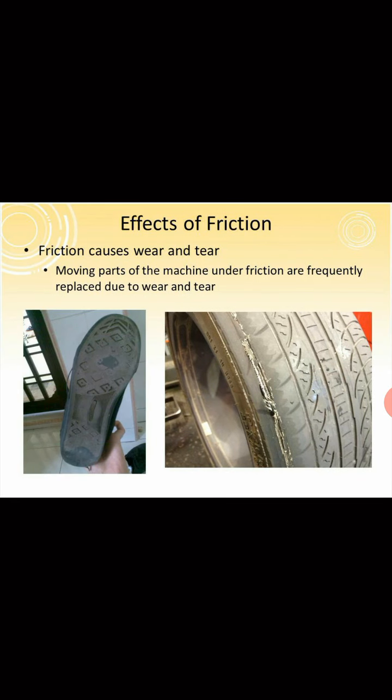We talked about friction causing wear and tear. Now, what are your daily life examples? The sole of your shoe or your sandal. After wearing it for a few months or a year, it has to be replaced with a new one. Why does this happen? Because when we walk on the floor, the sole of the shoe rubs against the floor.